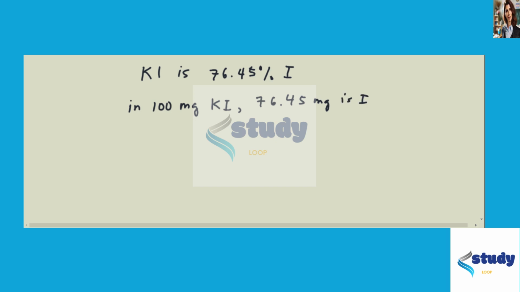Or we say 76.45 milligrams of iodine per 100 milligrams of potassium iodide.